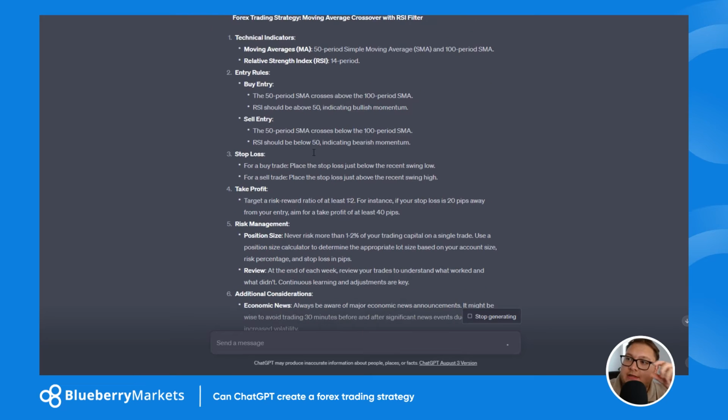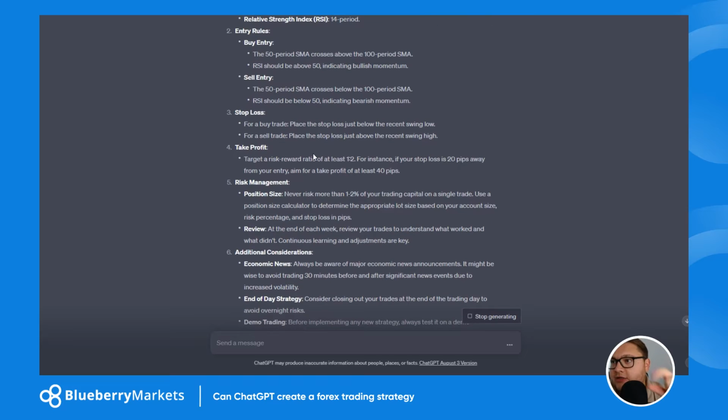Entry rules: a buy entry is when the 50 period SMA crosses above the 100 period SMA and the RSI is above 50, indicating bullish momentum. On the sell entry, the 50 period SMA crosses below the 100 period SMA and the RSI is below 50, indicating bearish momentum.